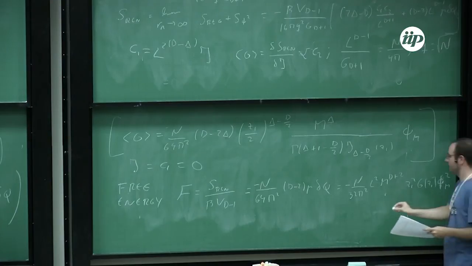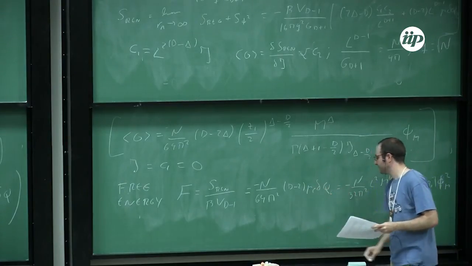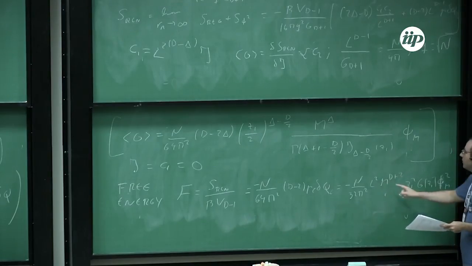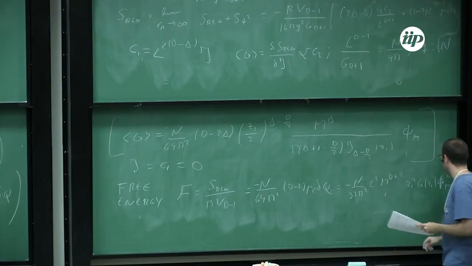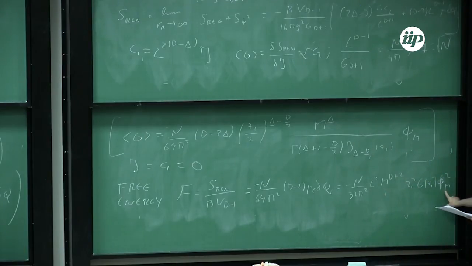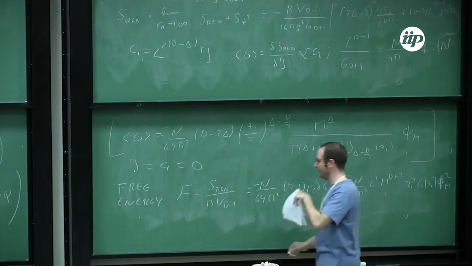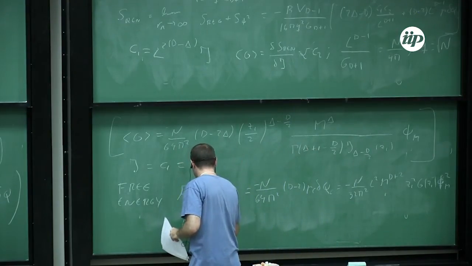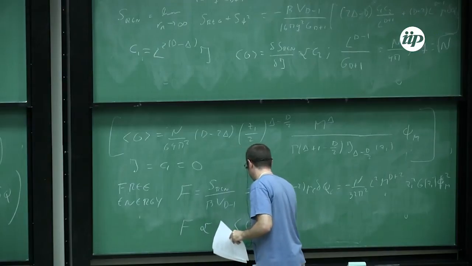Okay, I'm using this now at the critical point. So this takes care of the dimensions. Now, it doesn't depend only on m, but there is this L here. And then you see here that it depends on the value of the scalar field at the horizon squared. So from this relation, you see that the free energy is proportional to minus the expectation value squared.